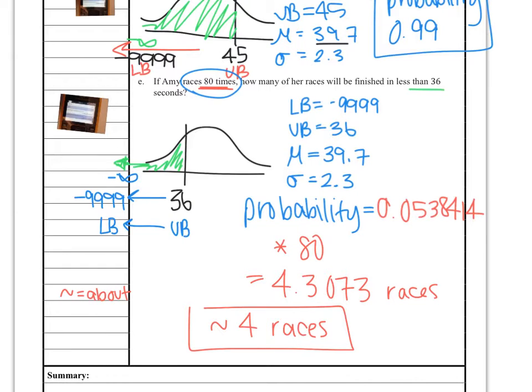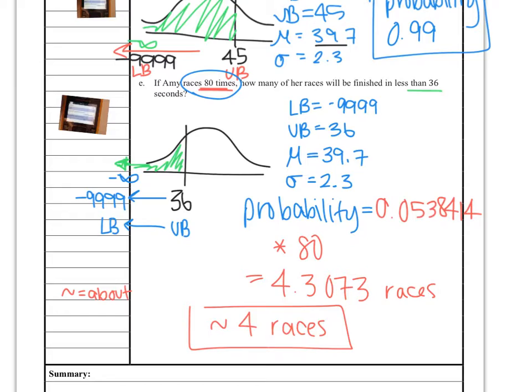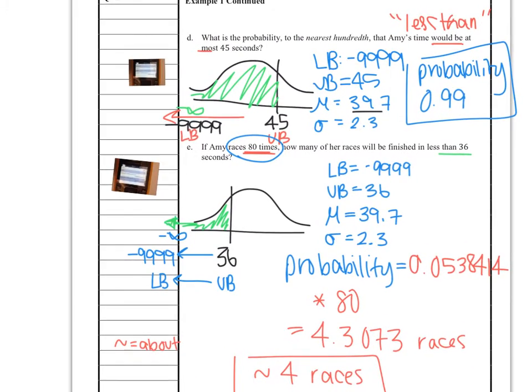One more thing I want to mention is if it asks you for a percent. So say the problem says what's the percentage of the time instead of probability. So if asked for percent, take your probability and multiply it by 100.